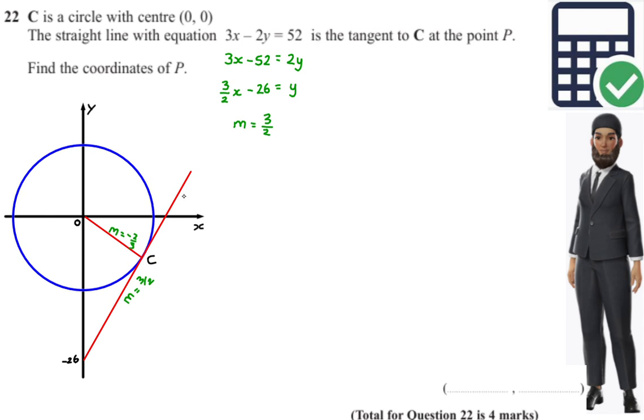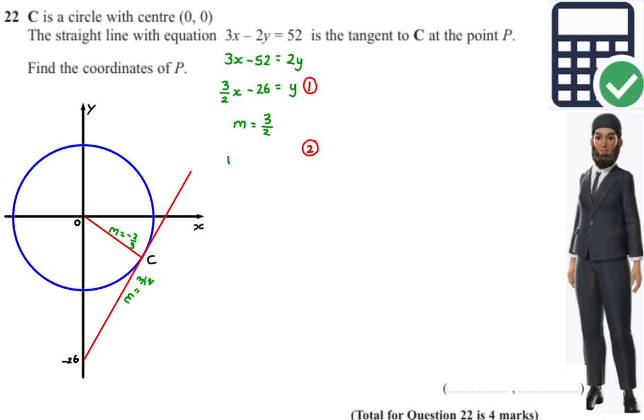And it cuts through the origin as well. So let's call this equation number 1, and equation number 2 would be this line over here.